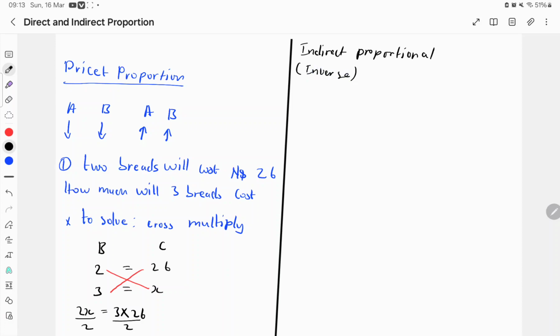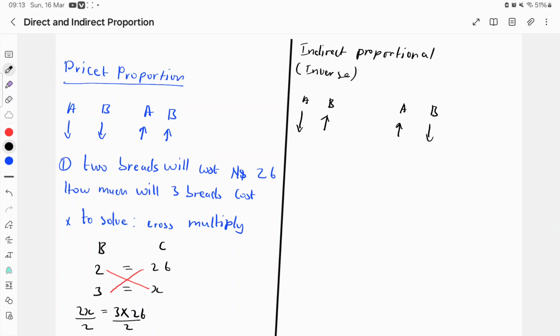So we are talking of quantity A and quantity B. That means when one goes down, the other one goes up, and when one goes up, the other one goes down. Are we together? So that is about indirect proportion.